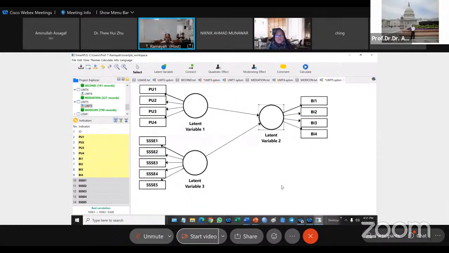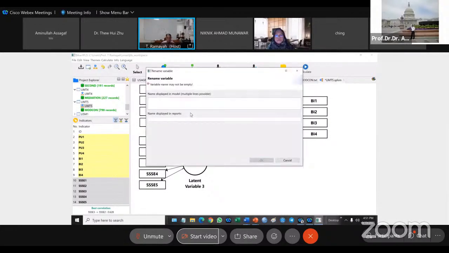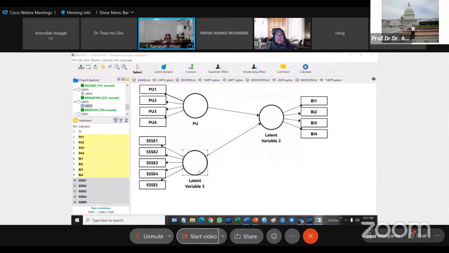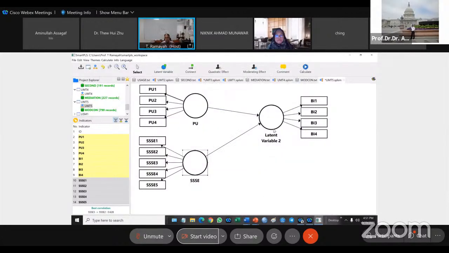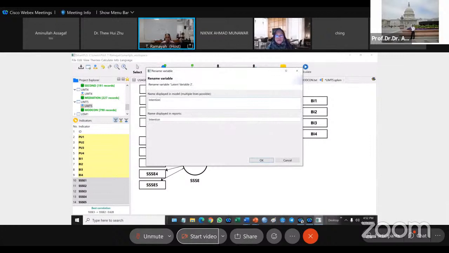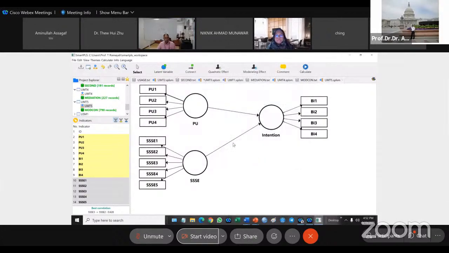And you can run the model and see if you need to delete any item, start deleting the item. Then I will show you how to create the interaction, SSSE. So those are the three variables we have in the model.